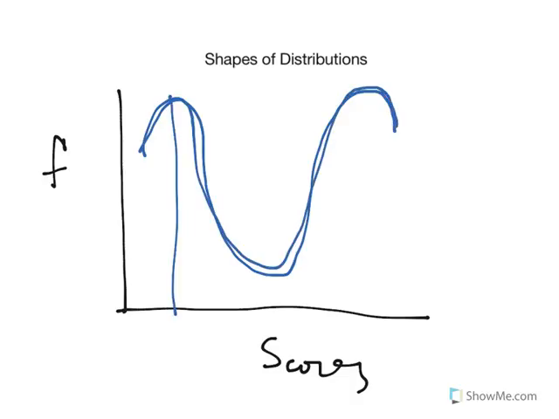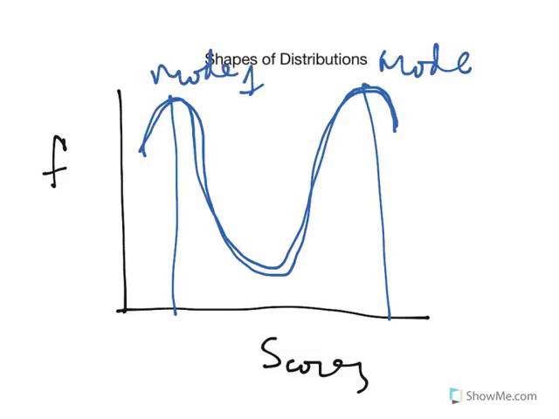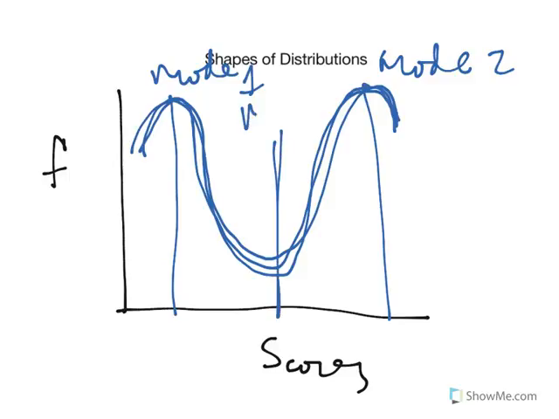And if this was symmetrical, which I guess it could be, so here's mode 1, mode 2, and then in between them there's this sort of valley, and so I didn't draw it very well, but if you'd imagine that this is symmetrical, the mean would actually fall right here in between the two. So the mean sort of splits the difference. And this would be an example of a bimodal distribution or a multimodal distribution.